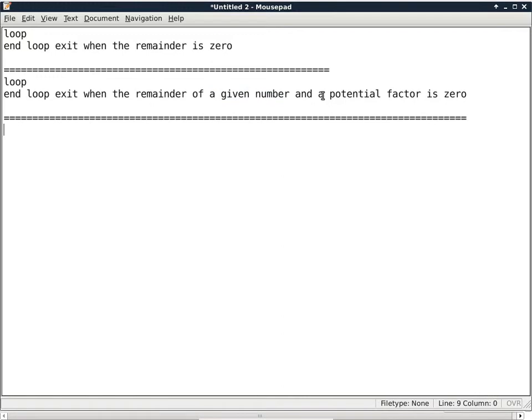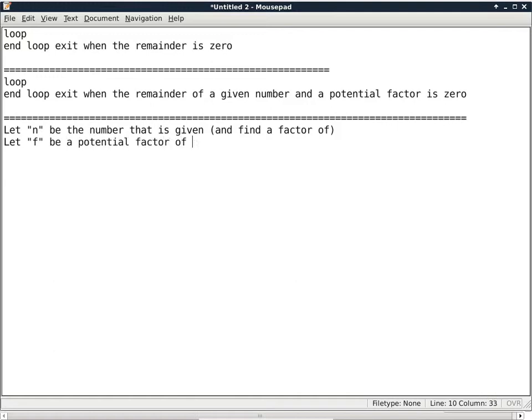Okay, so we'll define some variables, just so that we don't have to use a phrase to refer to something in the algorithm. We'll let n be the number that is given, and we want to find a factor of it, because that's what we are trying to do here. And we'll also let f be a potential factor of n.